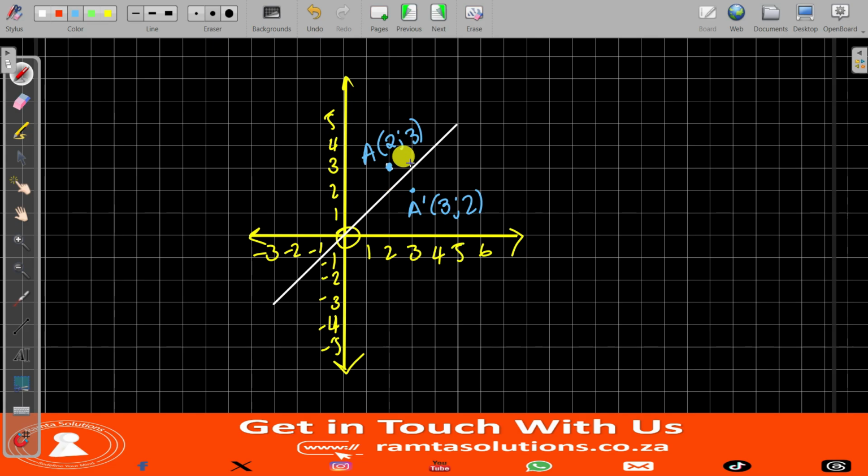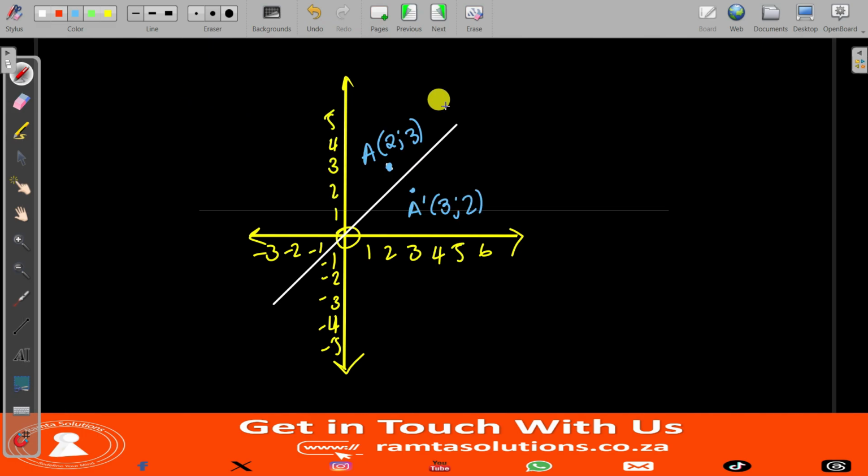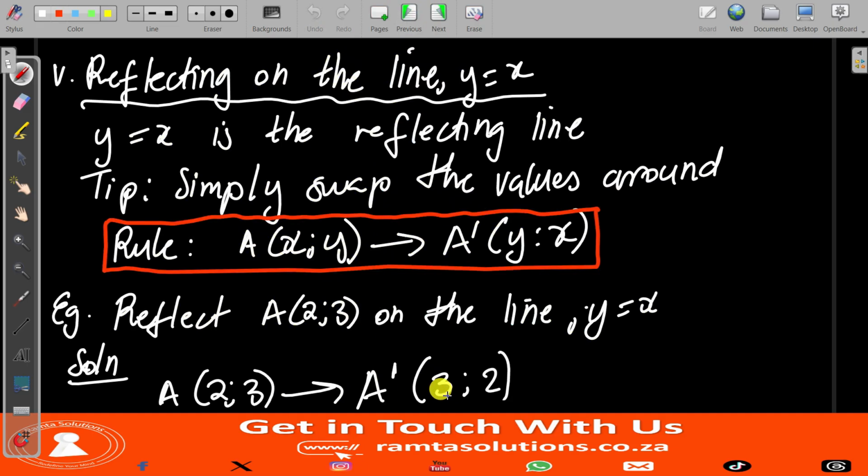So if this is moving to the right, this must move to the left, and this was moving up from the line, this must move down from the line. Hence we're getting 3 and 2. Remember the line was y equals x. Indeed, we got A prime to be 3 and 2.